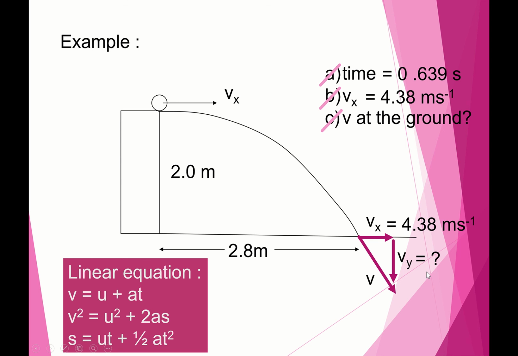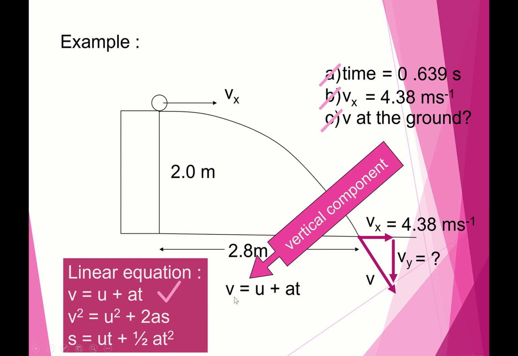For Vy, from these three linear equations, which one is the best? We choose the first equation, v equals u plus at. We choose the vertical component, because the v for the vertical component is Vy, and the initial velocity u for the vertical component is 0, because at the peak the initial velocity is 0.